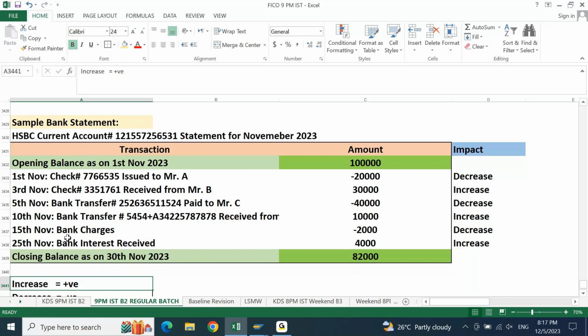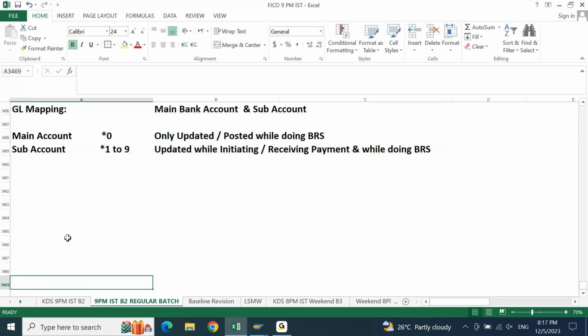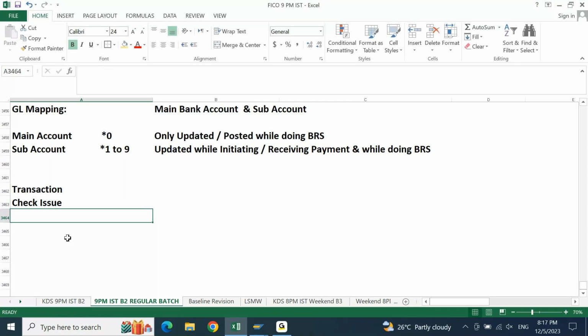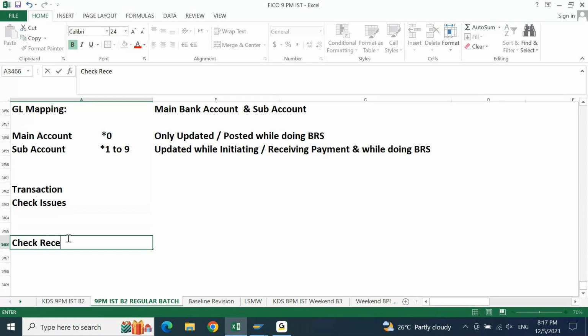Now I will write the same thing here. Transaction. Now transaction I will write check issue, or I'll simply say check issues. And second one, I will write check receipts.